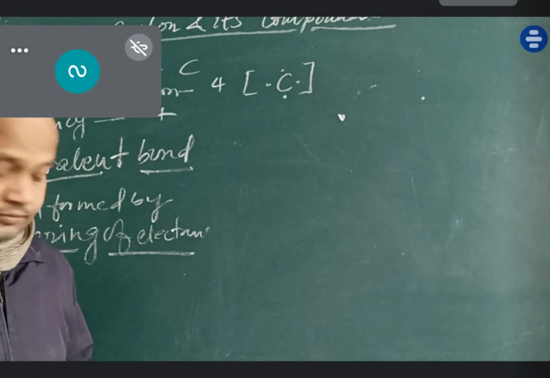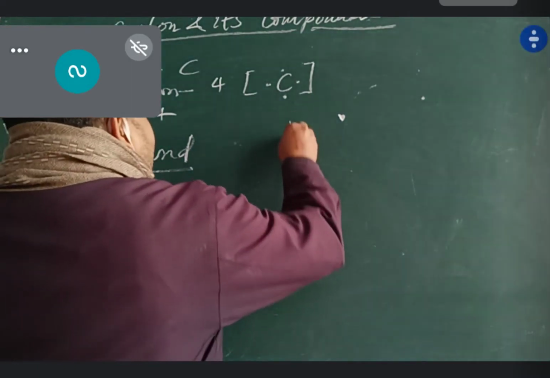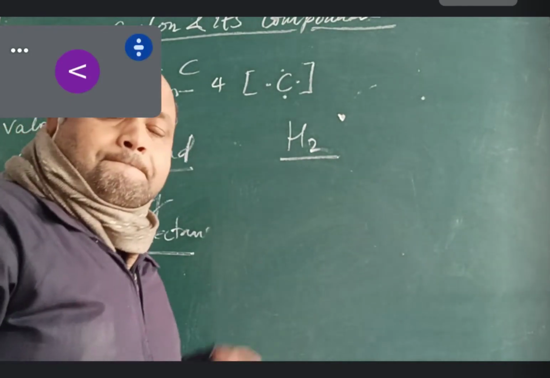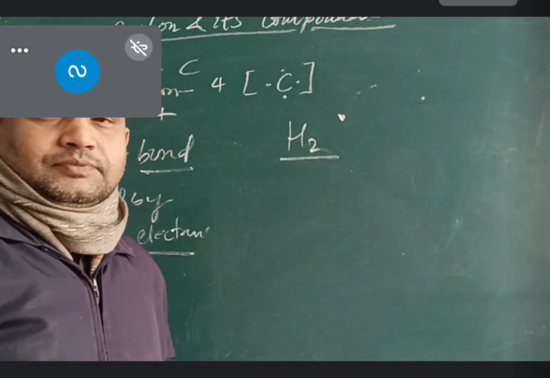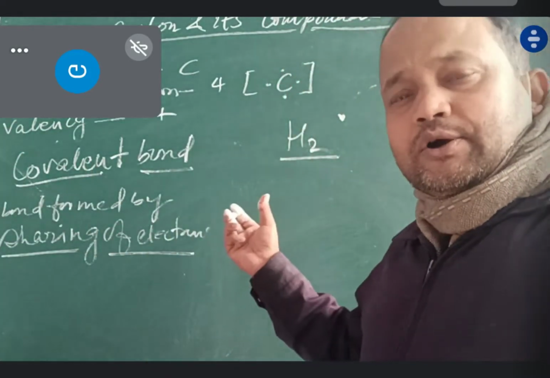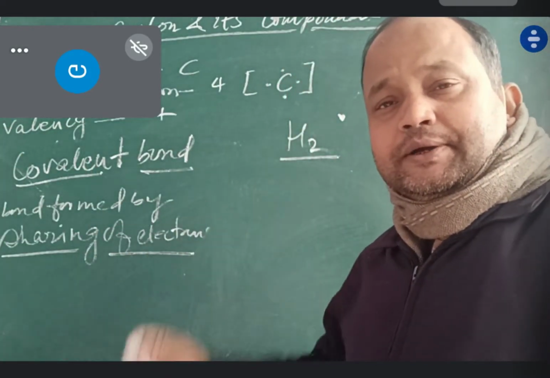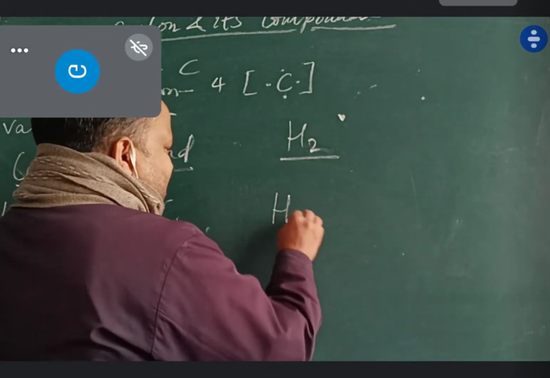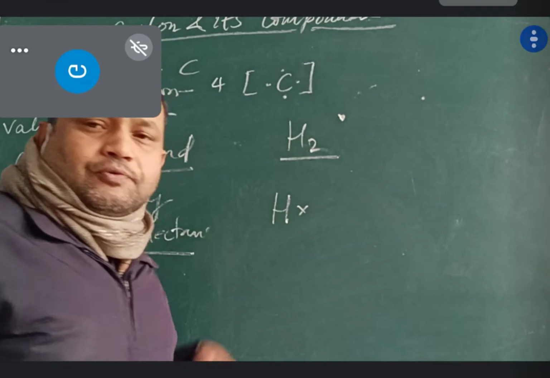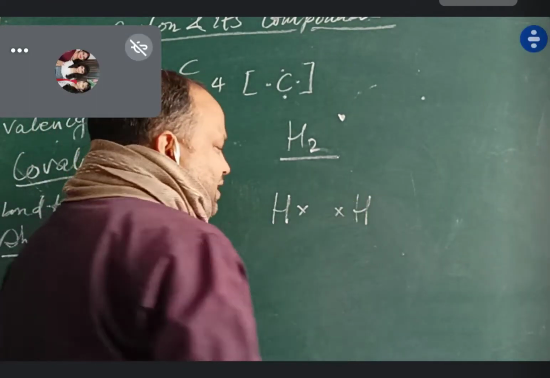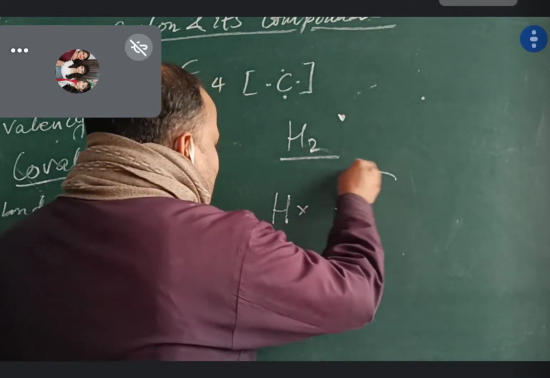Now, this is a hydrogen molecule. In what way are the atoms of hydrogen bonded or linked? Let us see. One hydrogen atom has one valence electron. Another hydrogen atom also has one valence electron.